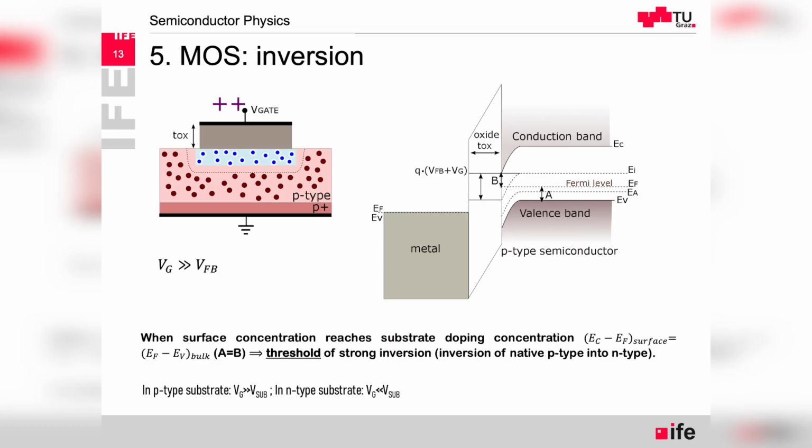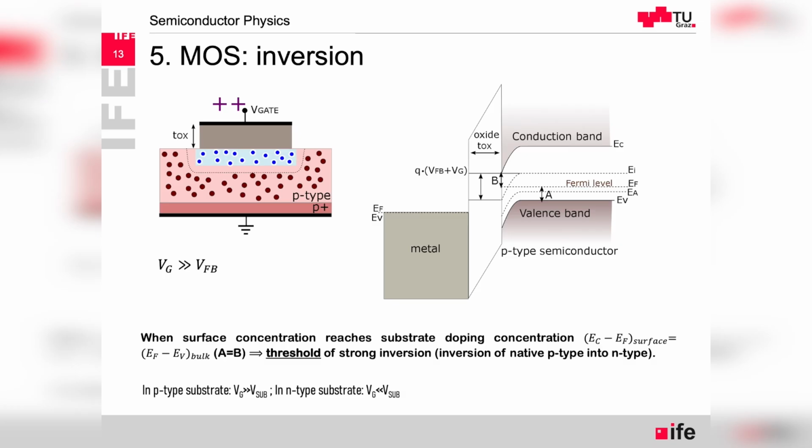moderate and strong inversion. And so we are already in the inversion condition, and here you can see that the Fermi level crossed over the intrinsic level under the gate, and now it can only get closer and closer to the conduction band.